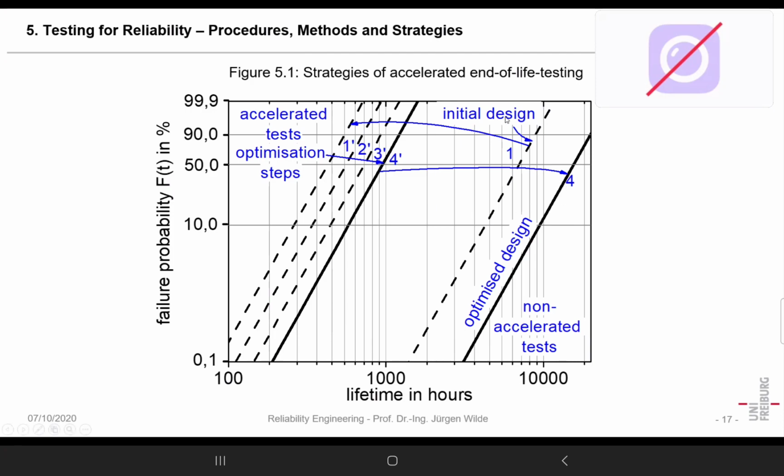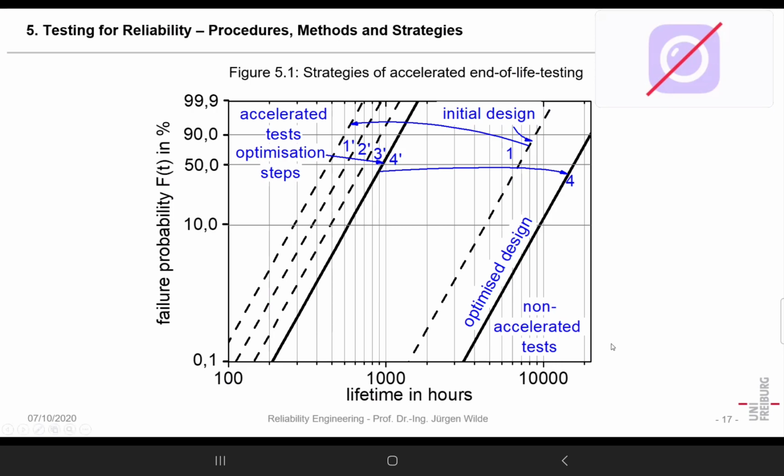For instance, you have a design, so that's your starting design, and you would know under non-accelerated conditions, you have a quite long lifetime. For instance, for the 63%, you have 2, 3, 4, 5, 6, 7,000 hours. That's too long for test-based optimization.